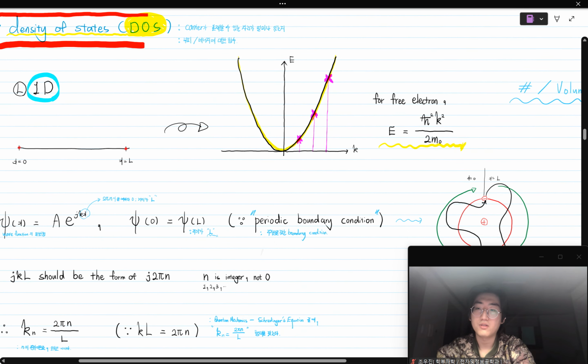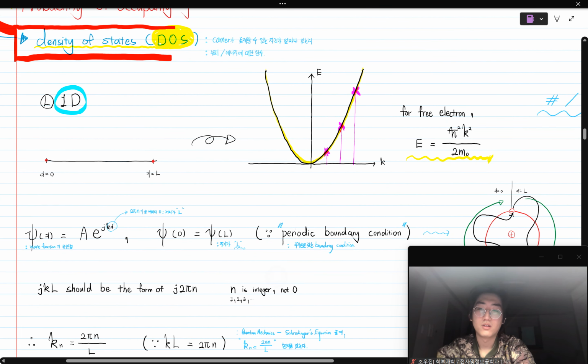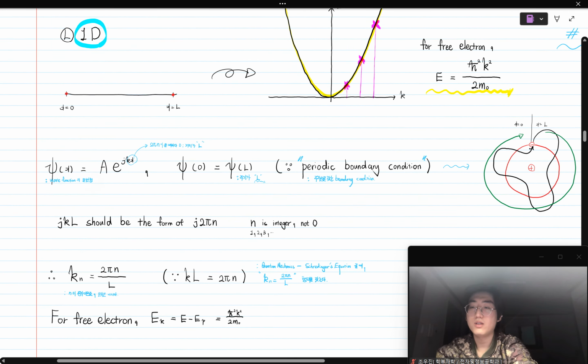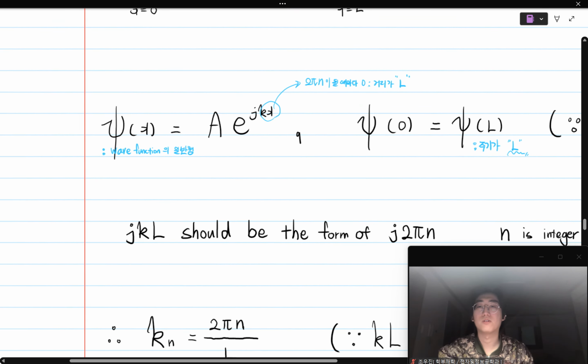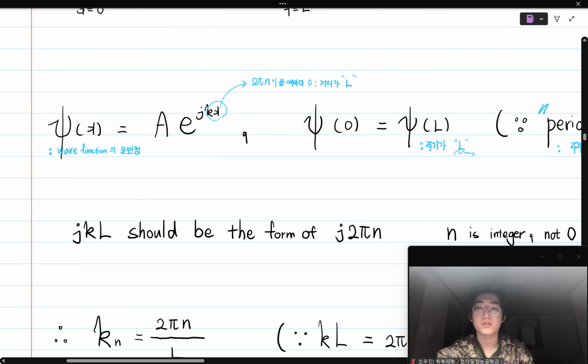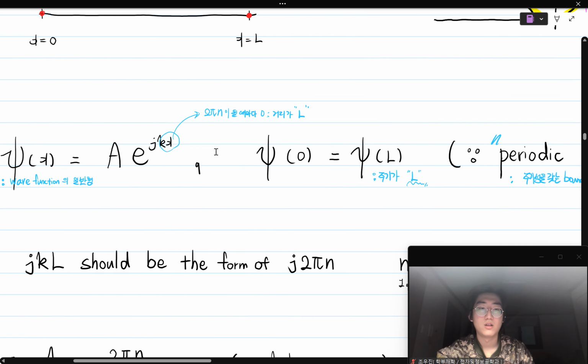In one dimension, we know that the normal expression of a wave function equals A times exponential jkx.